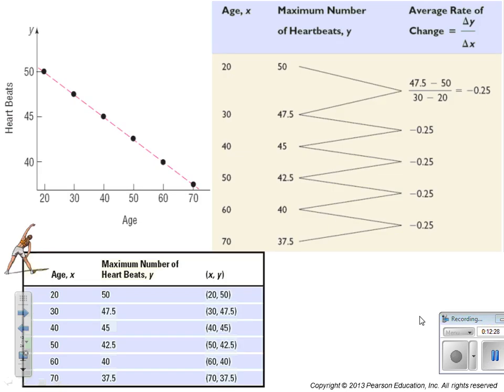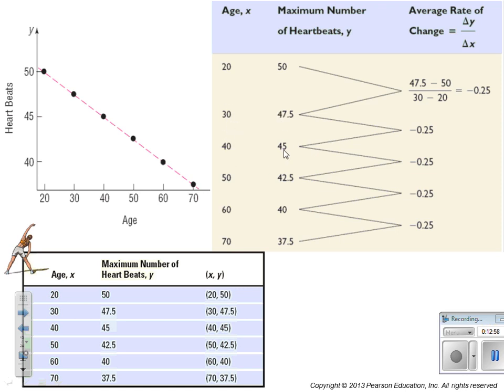All right, so when we take our first point and we go 47.5 minus 50 over 30 minus 20, we get negative 0.25. And if you look, the difference between 47.5 and 50 is negative 2.5. We're going to continue that difference being 2.5 for each of these, and then the change in x is 10.